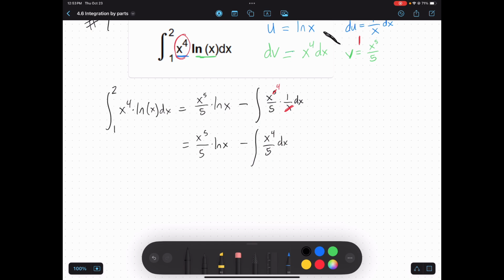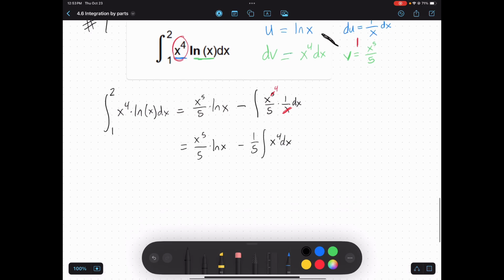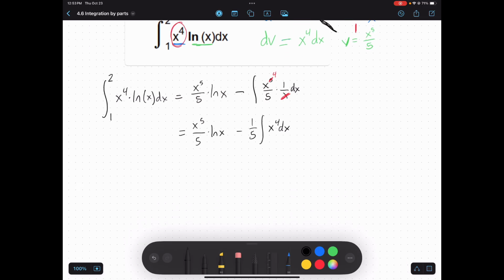It's no longer a product of two functions; it's just a power function. In fact, I could pull out that 1/5 in front of my integral, and now that's even more simple. So even though we were forced to take the antiderivative of x to the 4th, it still simplified really nicely for us, creating a new integral that was much simpler to find the antiderivative of.